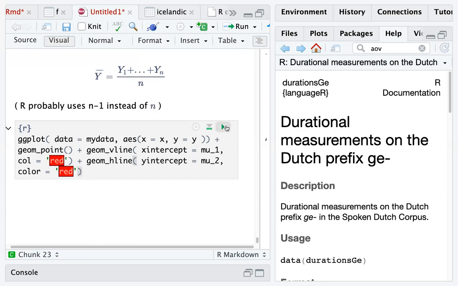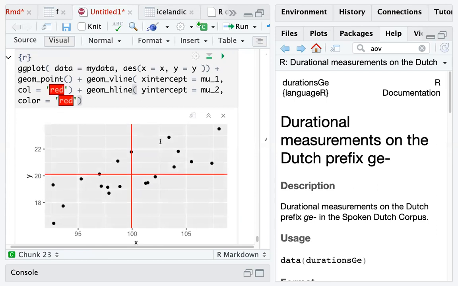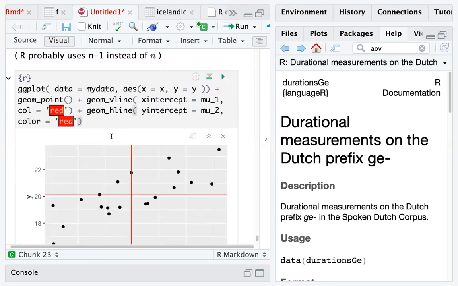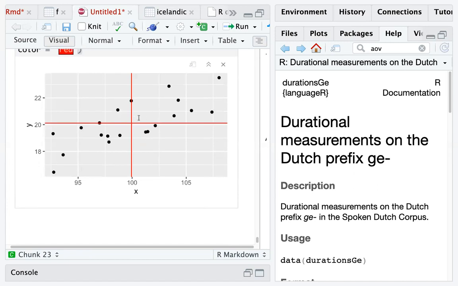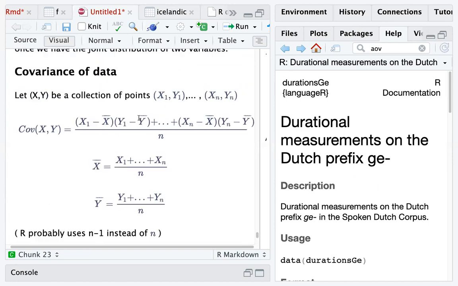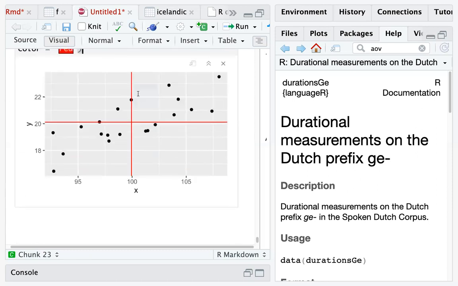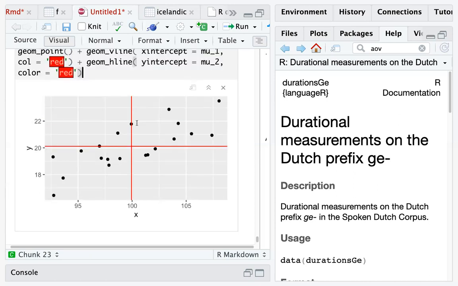On the vertical line, there is the mean of x, so x bar. The points on the right, for which xi minus its mean is positive, are the points on the right of this vertical line.